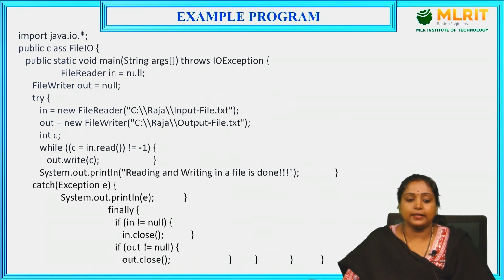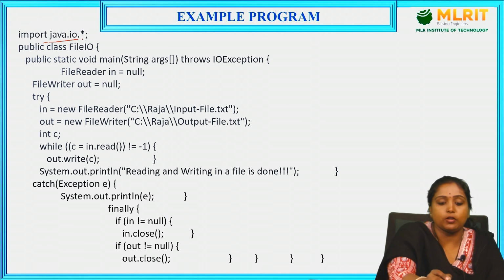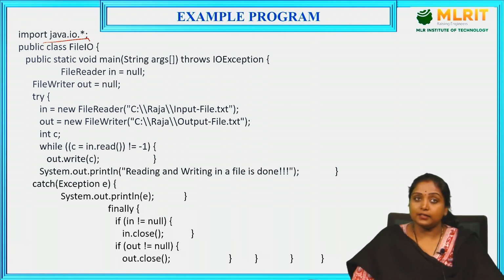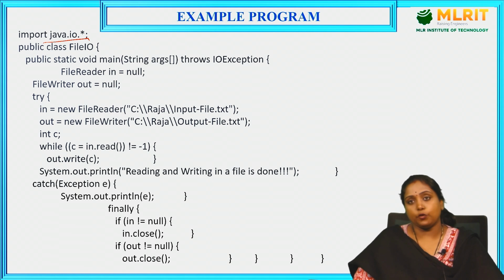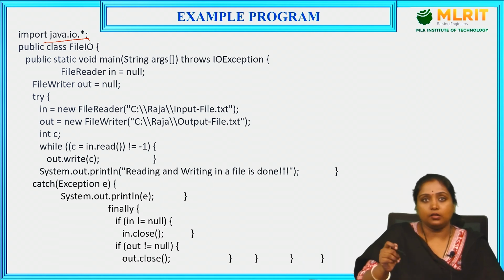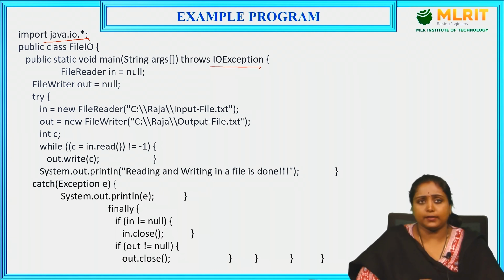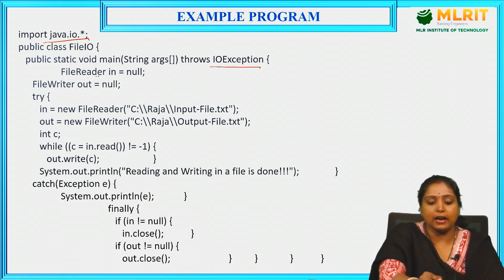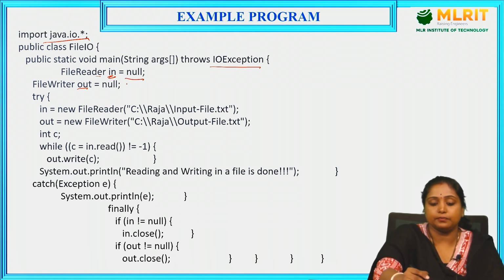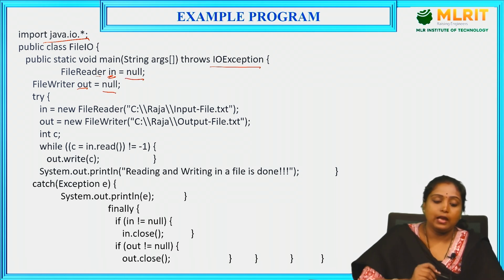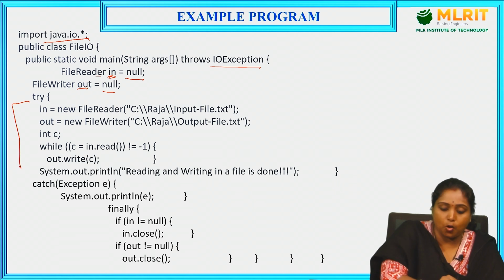So here is an example program. I have to import the java.io package because the file reader and file writer classes are defined in the java.io package only. I may get an IO exception, and I'm taking file reader and file writer objects, in and out, and I have initialized them with null, and I have given a try block.